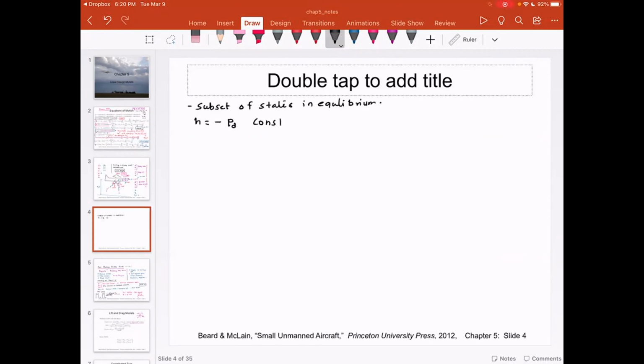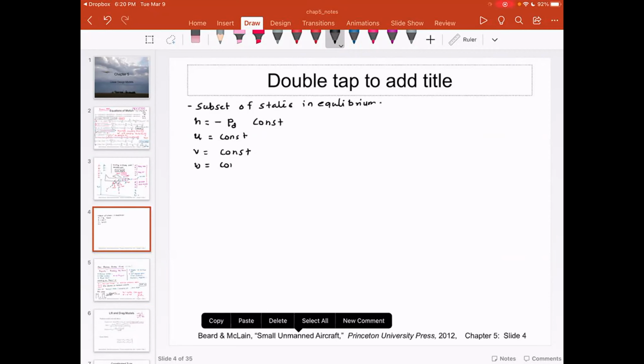So H has to be a constant. Next, body frame velocities are constant, which means U has to be constant, V has to be constant. Please note, it does not specify what the value of that constant should be, but it is just saying that these should be constant.